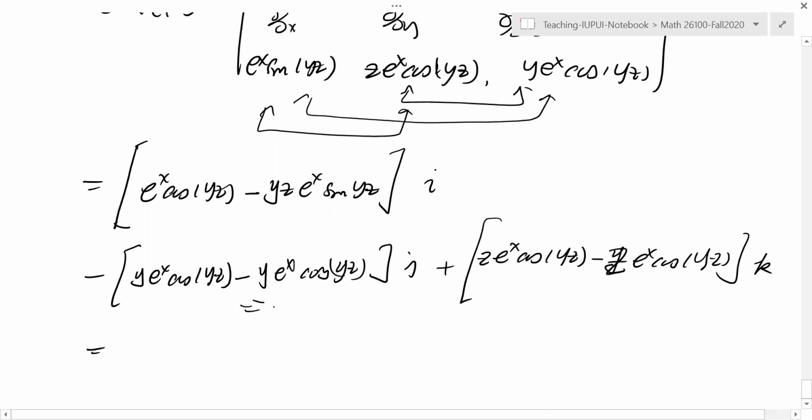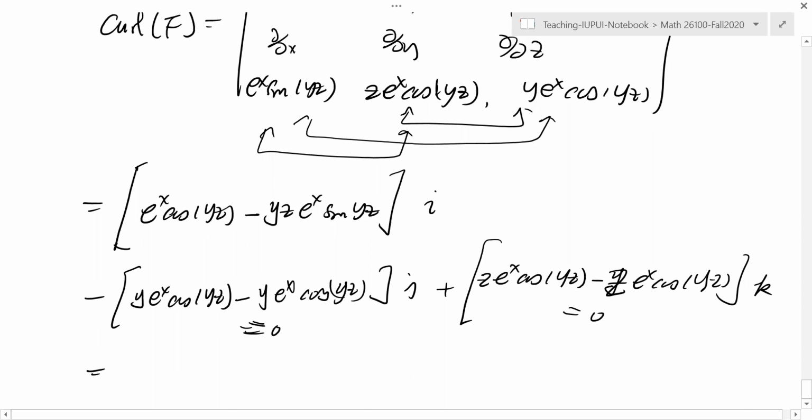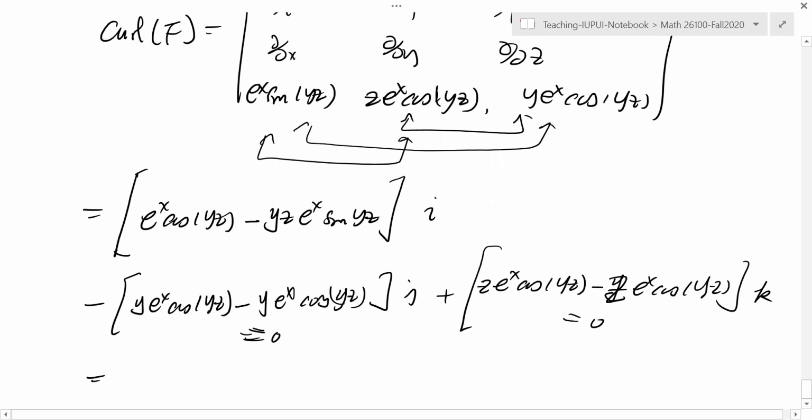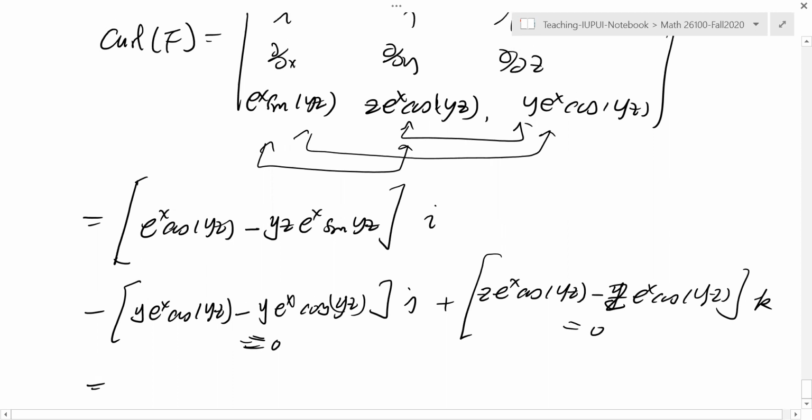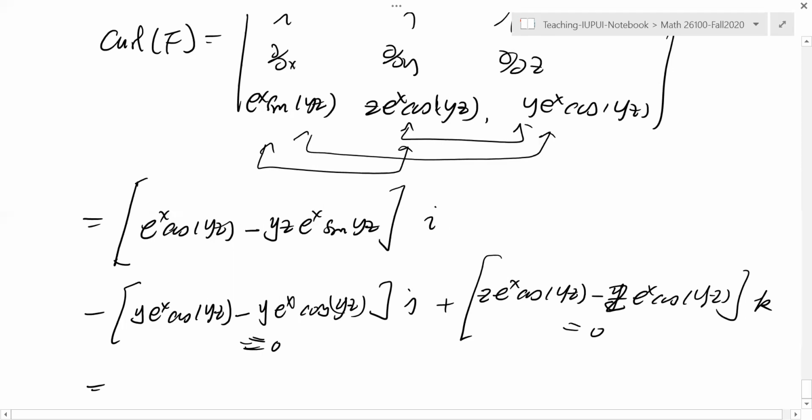This term is 0, right? This term is also 0. Why the first term is not 0? Almost 0, right? Let's double check. The first term, differentiate with respect to y, and minus, oh, I forgot the other term, minus the other one.